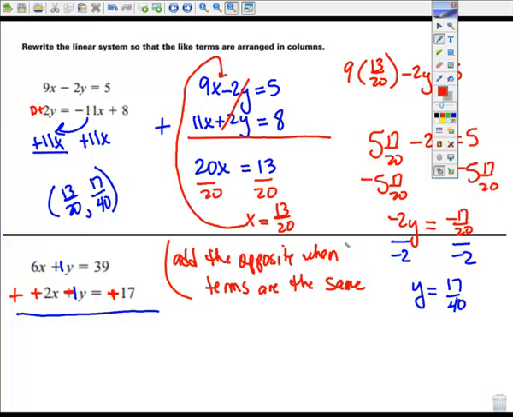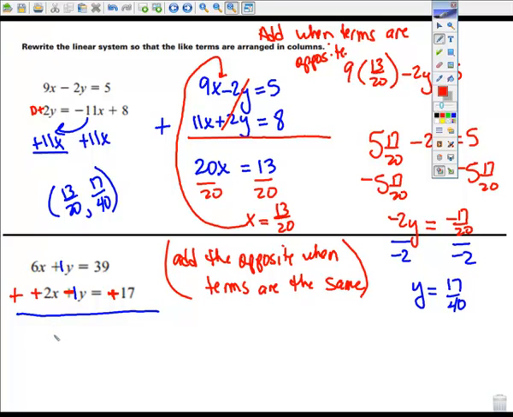Make sure that you write that down, and go back up here and write this down. You're going to add when terms are opposite. So when they are opposite, you just add. When they are the same, you add the opposite.